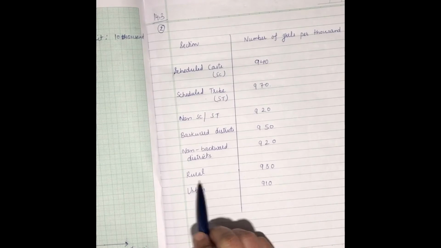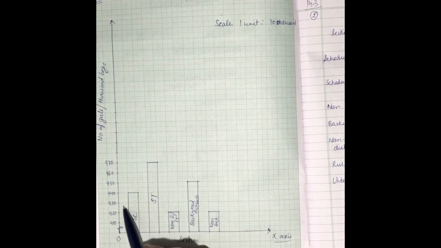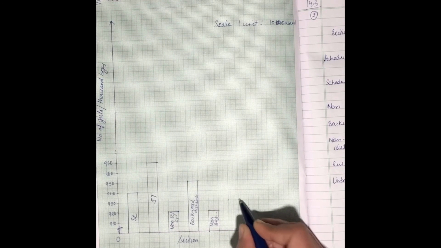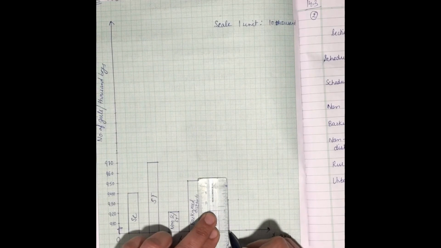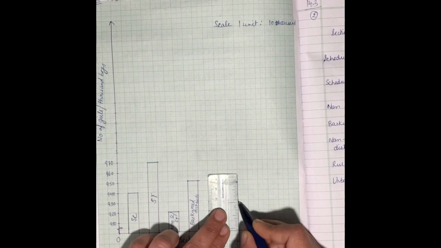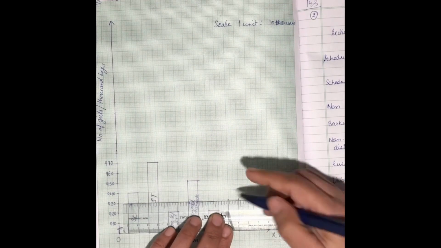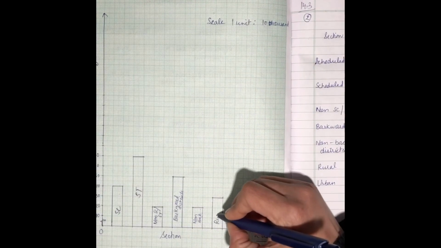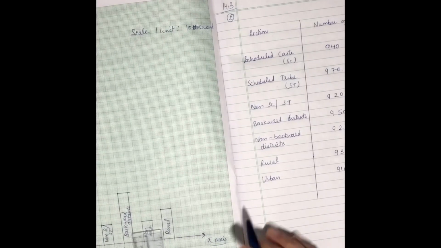Next is rural, which is 930. 930 will lie here, so again I'll make a rectangle or bar till 930, and write the name rural. Next is urban, which is 910.